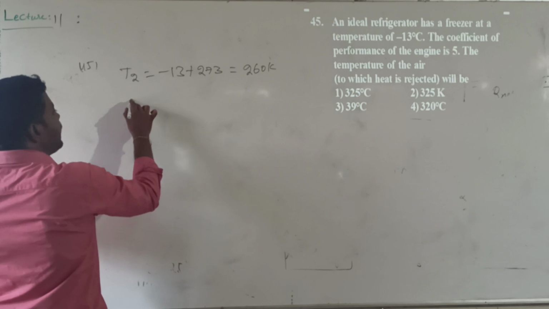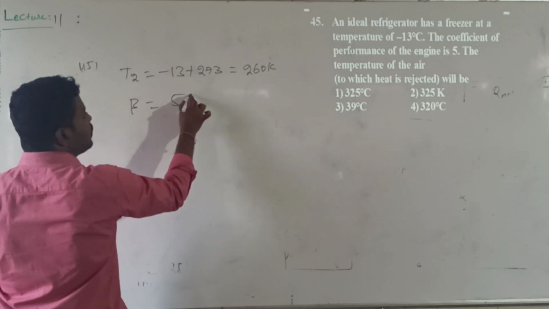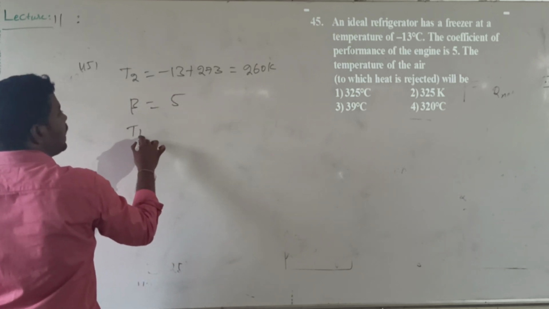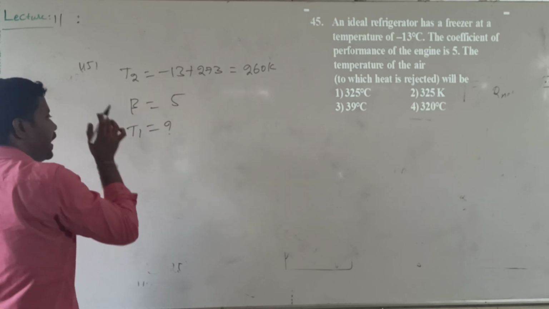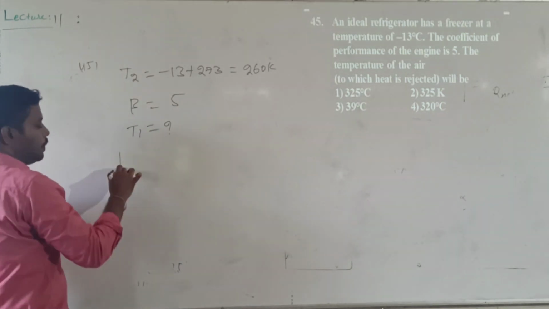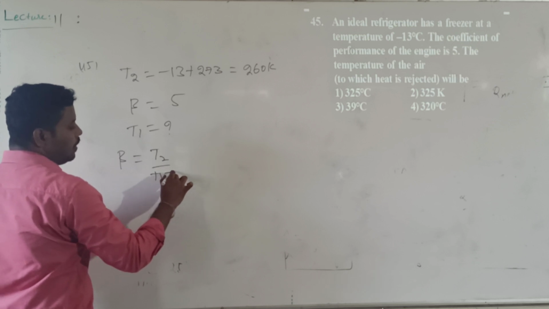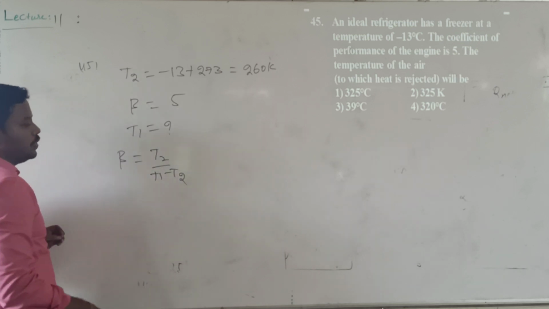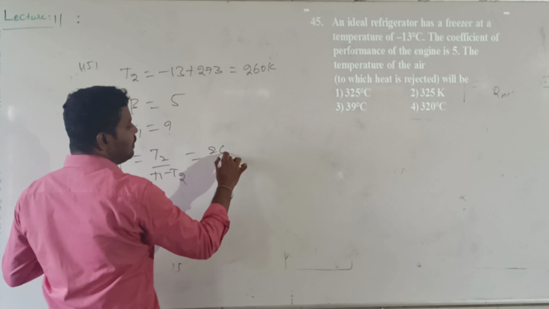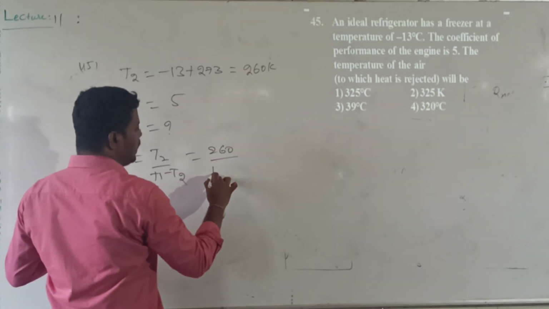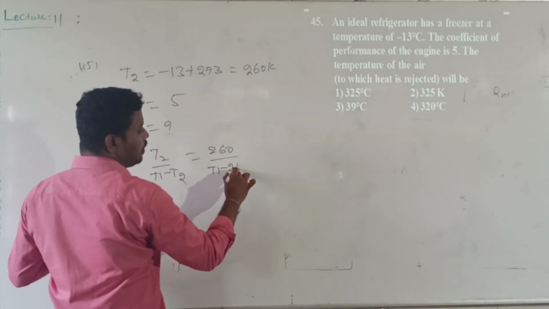The coefficient of performance is given as 5. They are asking us to calculate the temperature of the air source. What is the beta formula? Beta is equal to T2 divided by T1 minus T2, so 260 divided by T1 minus 260. Simplify this.